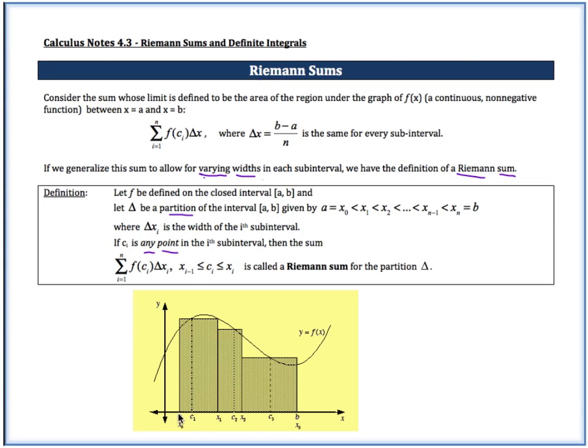From a to b we can see a couple of partitions. Here's x sub 1, here's x sub 2, and you can notice that c sub i falls somewhere in this interval, so the height of this rectangle is somewhere between the two subintervals in that partition.